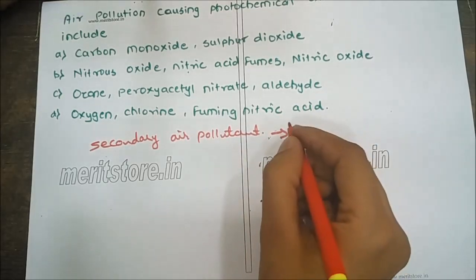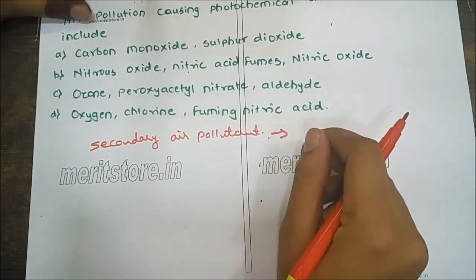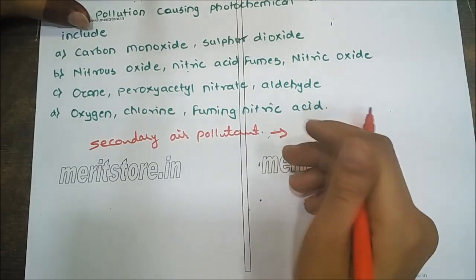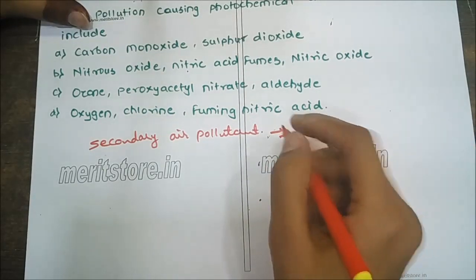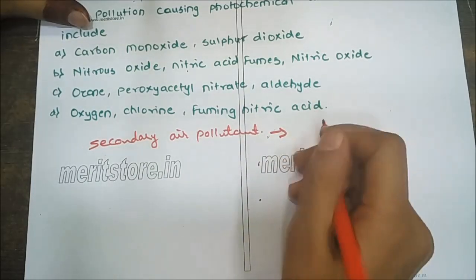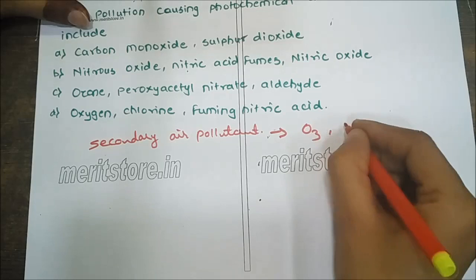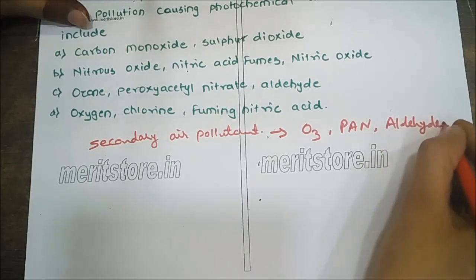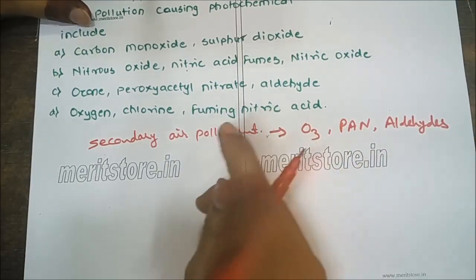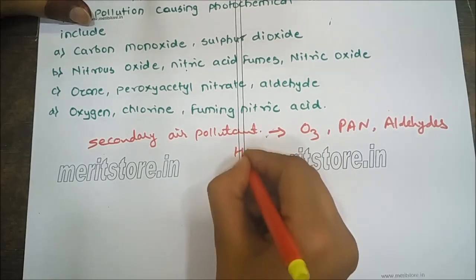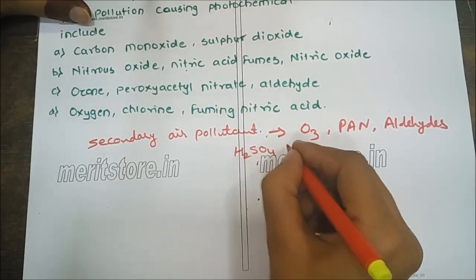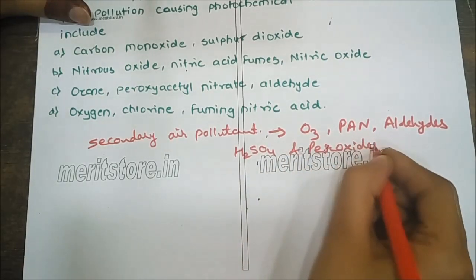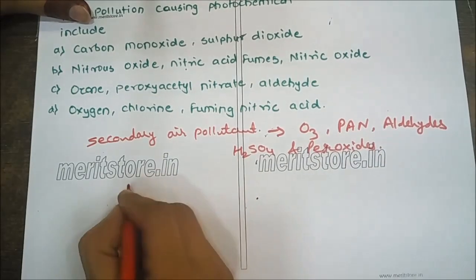In sunlight, nitrogen and nitrogen oxides, hydrocarbons, and oxygen will interact to produce more powerful pollutants, which are known as secondary air pollutants. These air pollutants are like ozone, peroxyacetyl nitrate and aldehydes, and sulfuric acid as in acid rain, and peroxides, which retard the photosynthesis in plants.